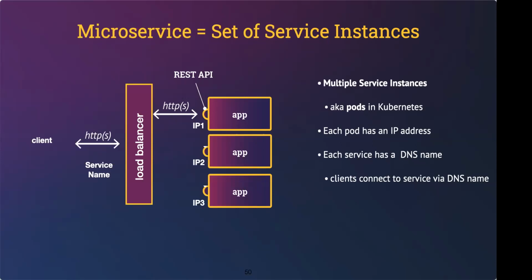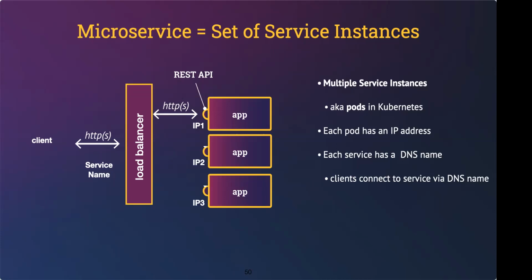Anyhow, when you build your applications these days, you have multiple instances of your services, here IP 1, 2, 3, so that each instance typically gets an individual IP address. Then when a client wants to talk to the service, you have a load balancer that's addressed via some service name.